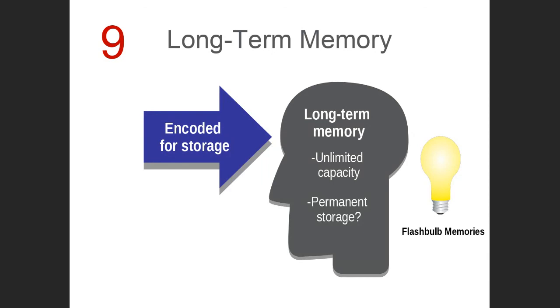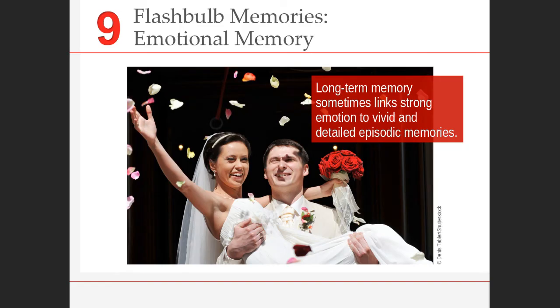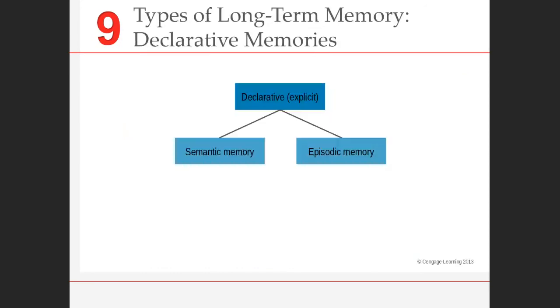So this is an example of a flashbulb memory. They're long-term memories that are emotional, and the amygdala is really involved in, as I said in the other chapter, in storage of long-term memories. So we have declarative memory, which is explicit, and that's semantic and episodic.